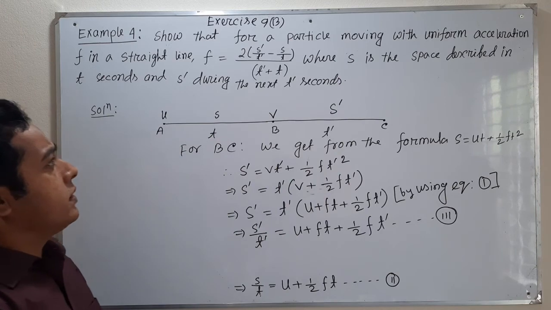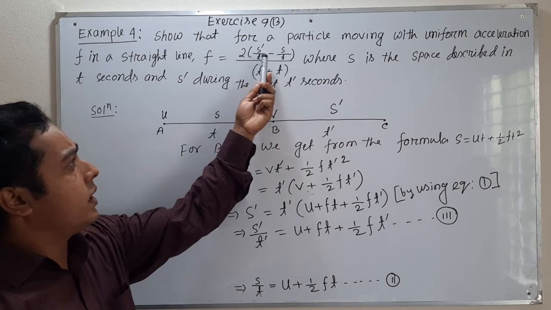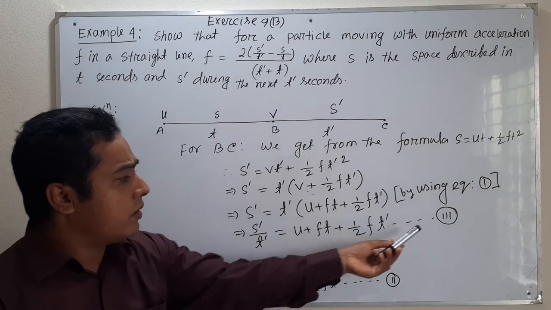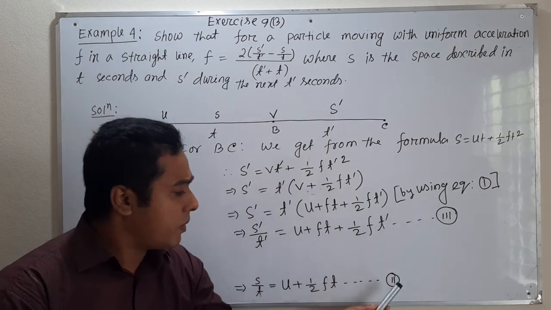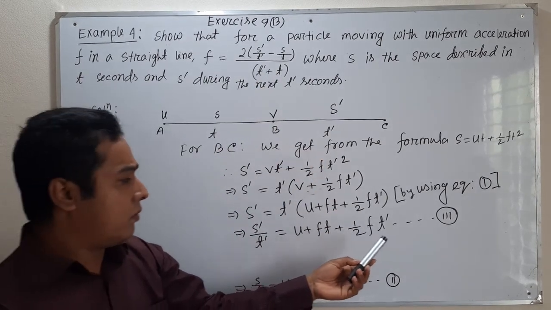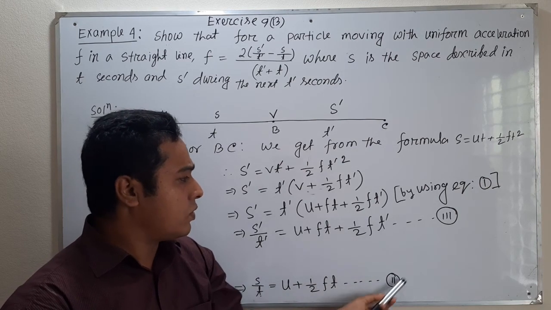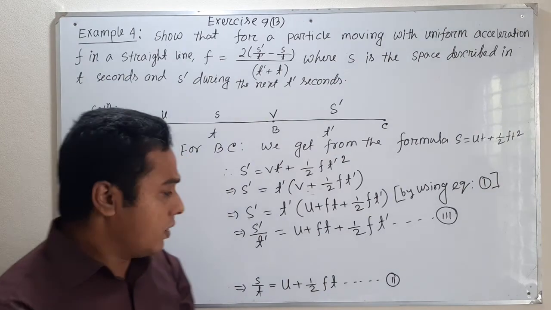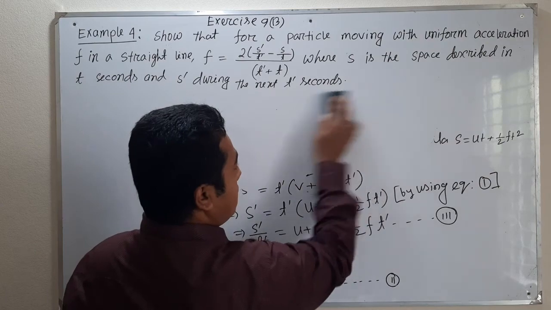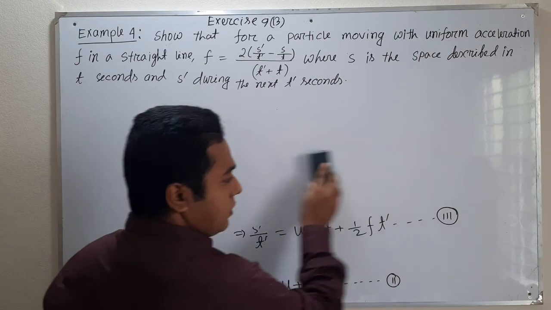Now we need s prime over t prime minus s over t, and we can get this expression from equation 3 minus 2. So we subtract equation 2 from equation 3.